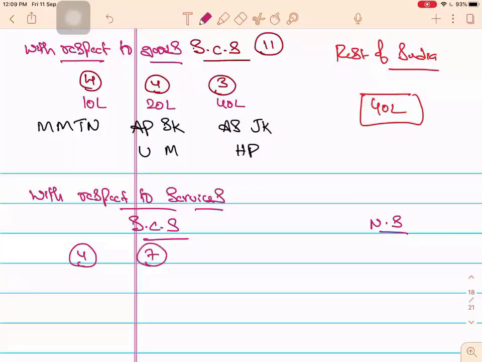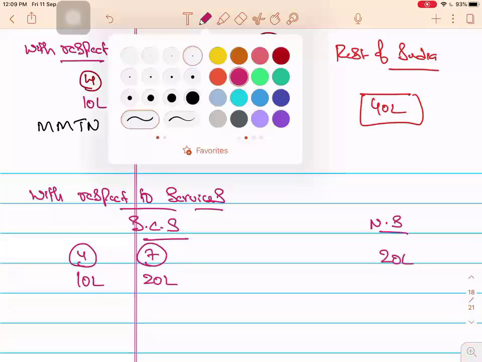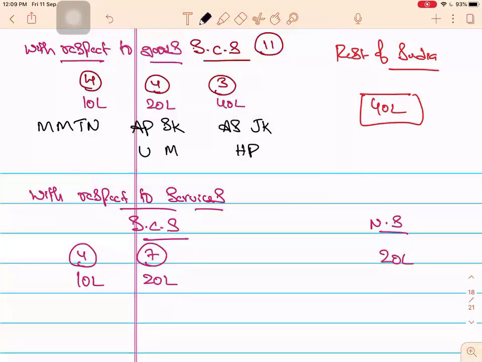For 4 special category states, the limit is 10 lakhs, and for the rest, 20 lakhs. For normal states, the registration limit is 20 lakhs. Which 4 special category states have only the 10 lakhs limit? The same ones I told you with respect to goods.